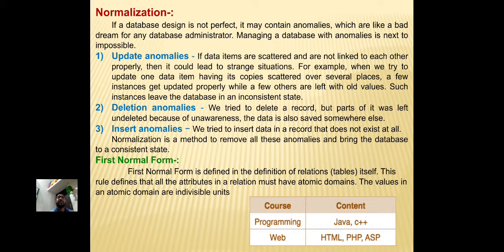Normalization. If a database design is not perfect, it may contain anomalies, which are like a bad dream for any database administrator. Managing a database with anomalies is next to impossible. First, update anomalies. If data items are scattered and are not linked to each other properly, then it could lead to strange situations.